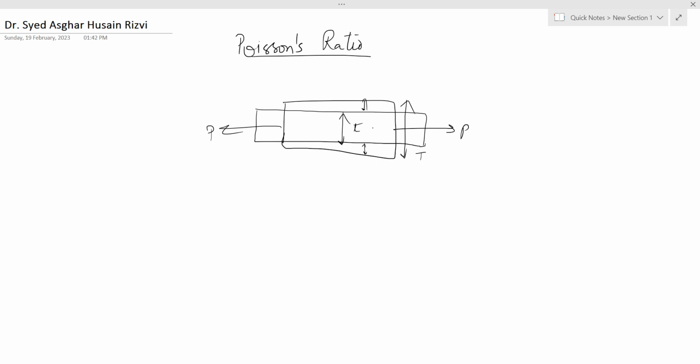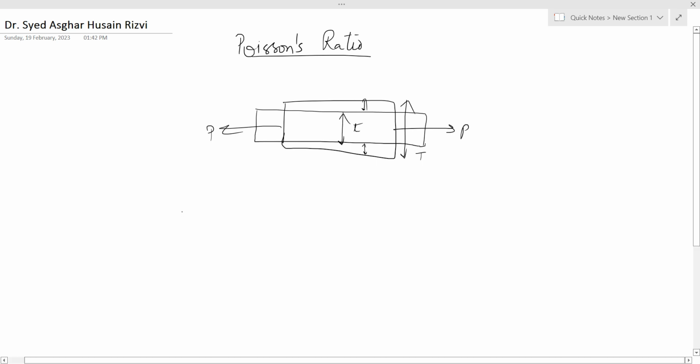For example, here you can see that the tensile load is acting and the length is increasing, but corresponding to it, the cross-sectional area of the body is decreasing. In this case, the linear or primary strain will be tensile, but the secondary or the lateral or the transverse strain is compressive in nature, as the thickness is getting reduced.